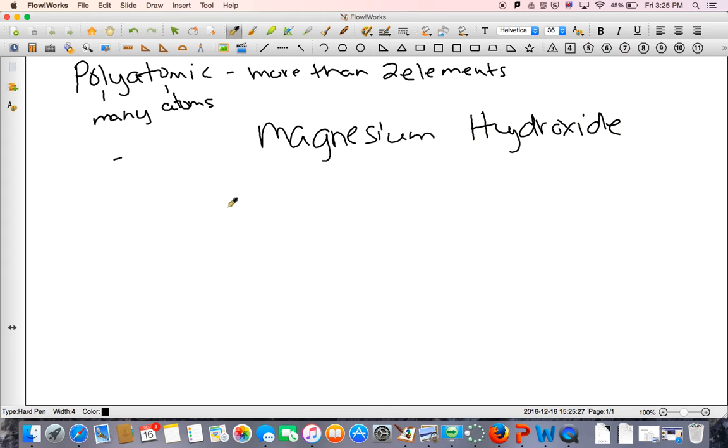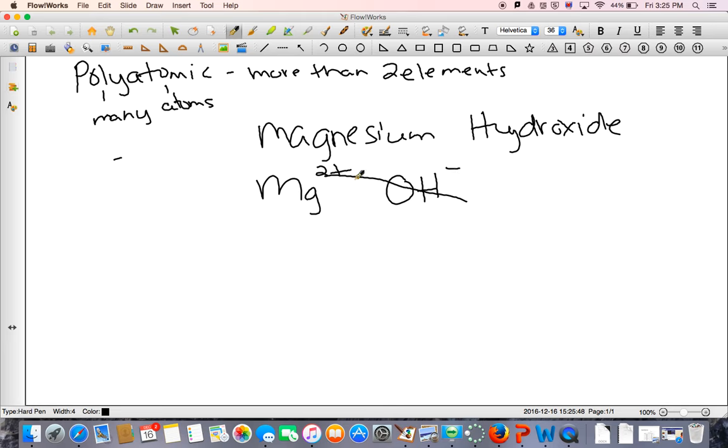Magnesium hydroxide. I look on the periodic table. Magnesium is Mg, and it's a 2+. Hydroxide is not an element. It's a polyatomic, and it's OH -1. The closest number these have in common is 2, so it takes 2 OHs, or we drop and switch.